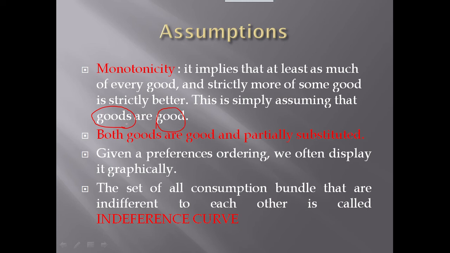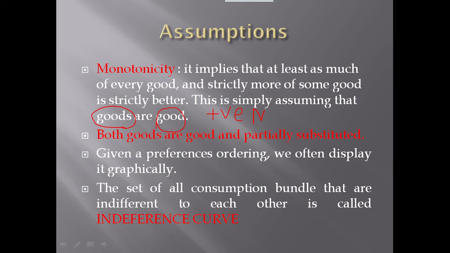Goods are the tangible or intangible items that individuals consume. And good means all the goods contain positive marginal utility. When you consume a commodity, you get positive marginal utility.